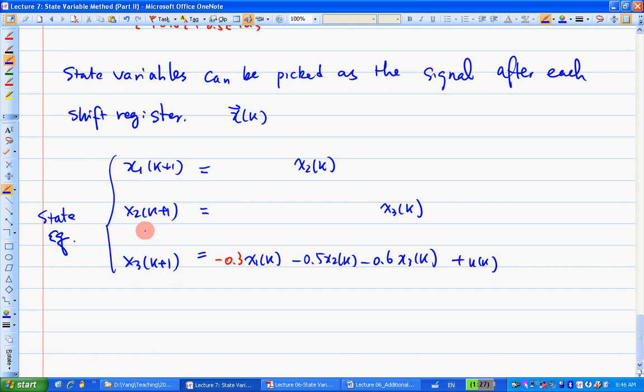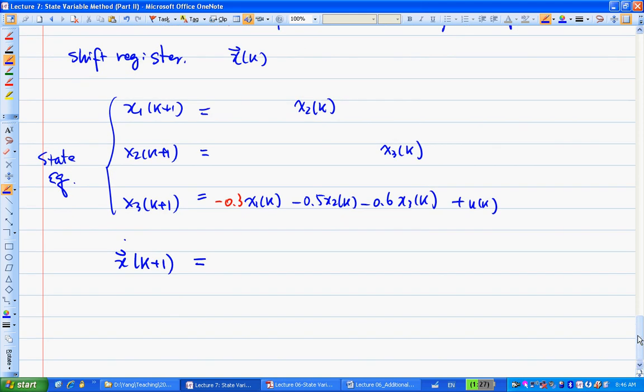If I write it in matrix format, I'll just use x of k plus 1 here. So what was it here? First row 0, 1, 0. Second row 0, 0, 1.